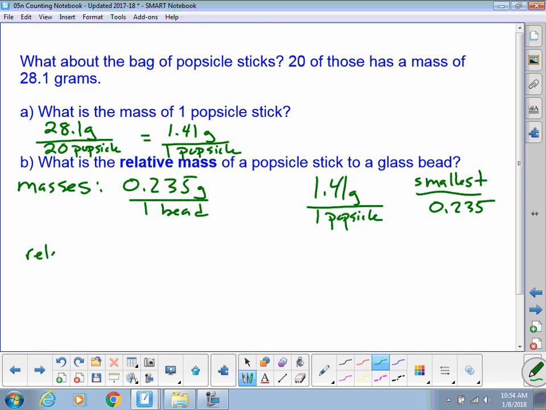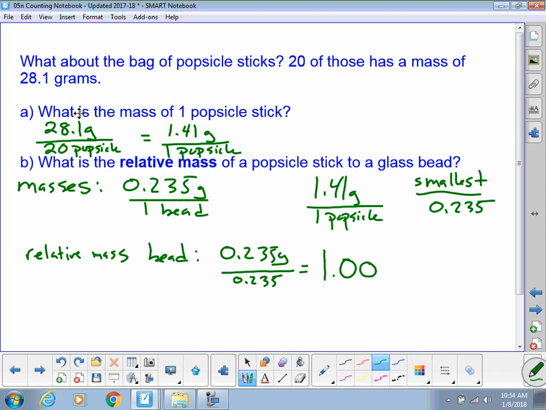So I'll start with the relative mass of a bead. That came out to 0.235 grams over that tiny value, and no surprise, its relative mass is 1.00.